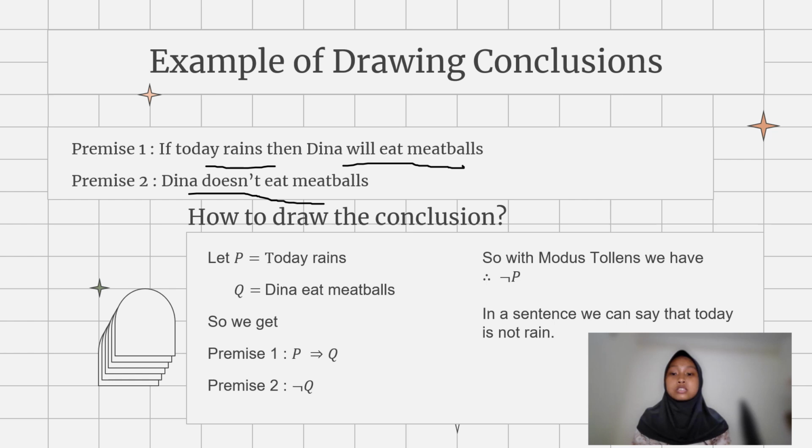So let P be today rains and Q be Dina eats meatballs. So we get premise 1 is P implies Q and premise 2 is the negation of Q. So with modus tollens, we have the conclusion: the negation of P. In a sentence, we can say that today does not rain.